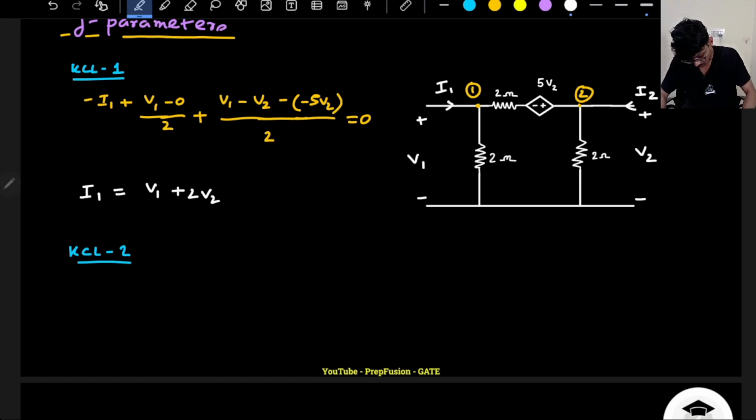Let's write KCL 2. Minus I2 plus V2 divided by 2 plus, now this V2 is here, the potential drop is happening, so that's why this will be with minus of 5V2.